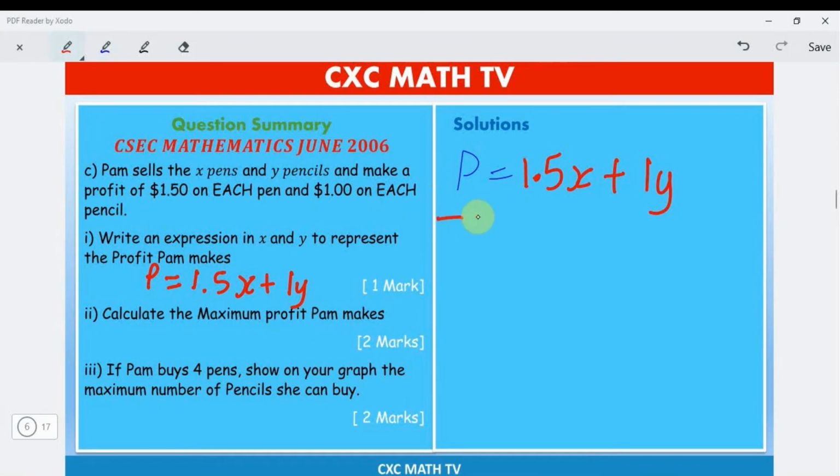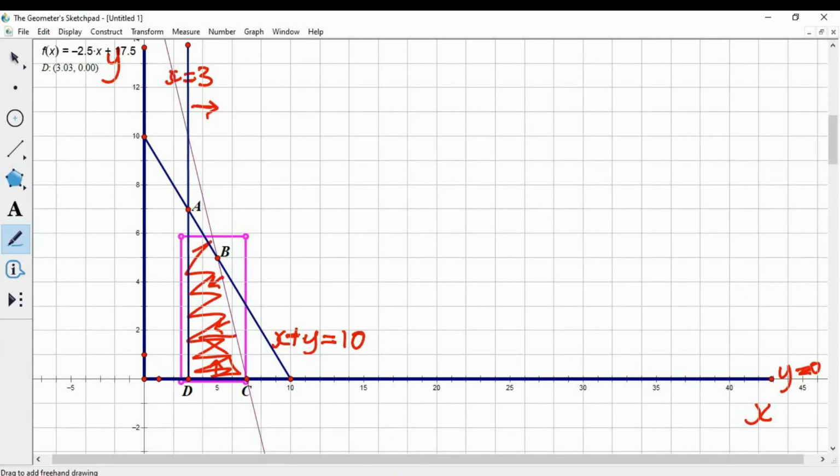The maximum profit. So for part 2, what you're going to have to do is test out which one is going to give you the maximum profit. So you're going to have to go to the graph and look at the points for A, B, and C. The point A is when X is 3, the Y value is 7, so we need to test 3, 7.